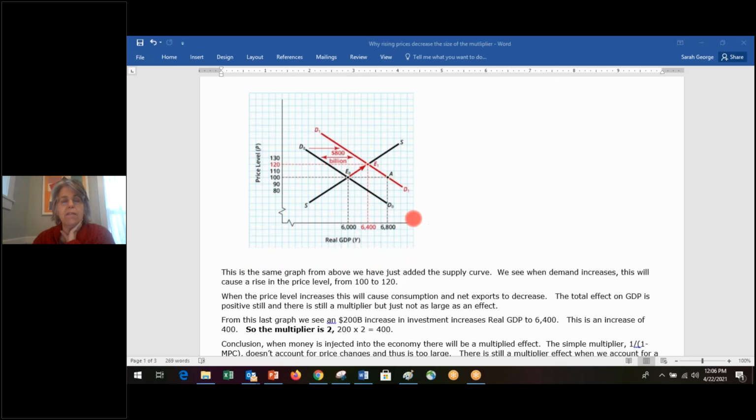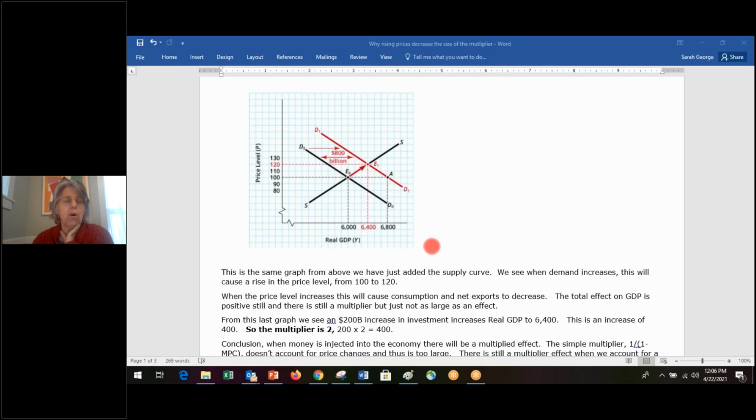So instead of having the multiplier be equal to 4, it's equal to 2. So we still have a $200 billion increase in investment, and it produces a $400 billion increase, but it's not as big as the 6,800. So this is a more realistic picture of what happens with the multiplier.